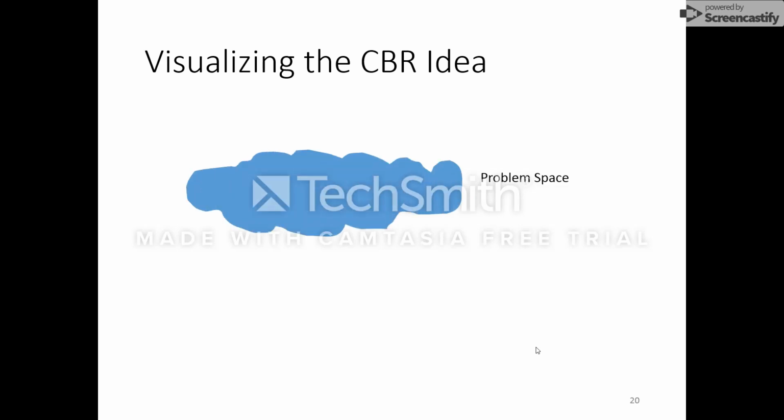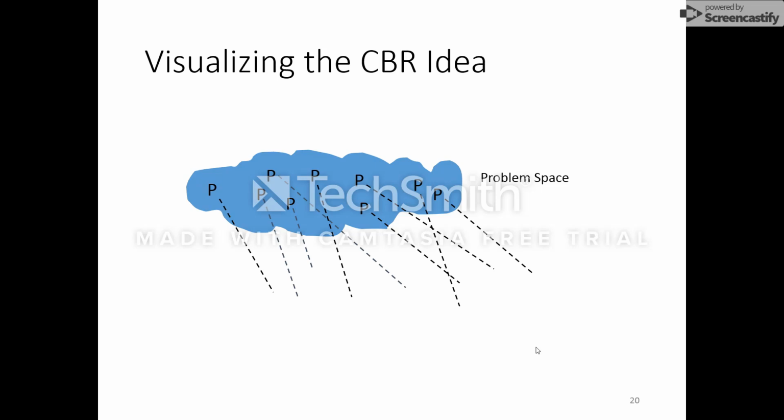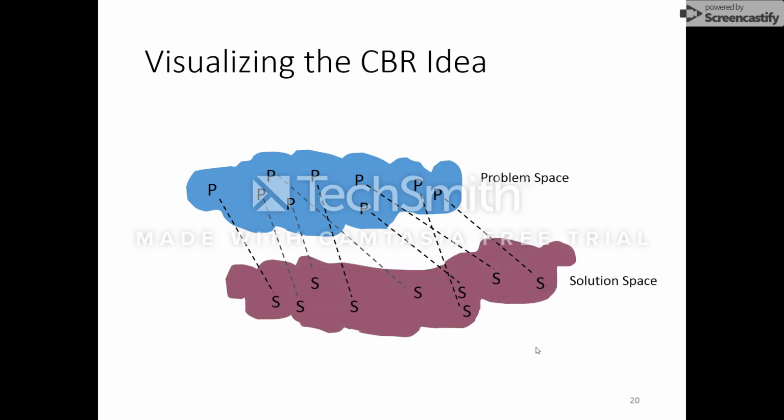So let's look at the CBR idea as such, right? There is a problem space, a space of problems in which there are instances of different problems, and each of these problems might be associated with a solution each from the solution space. And if you have a problem having multiple solutions, maybe you can duplicate the problem and create multiple pairs, just to conform to this format.